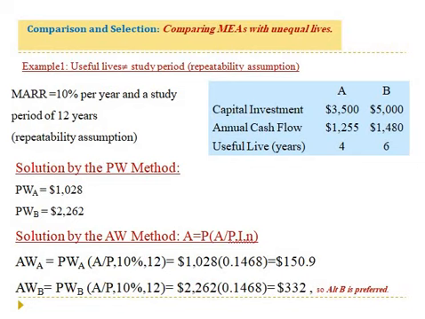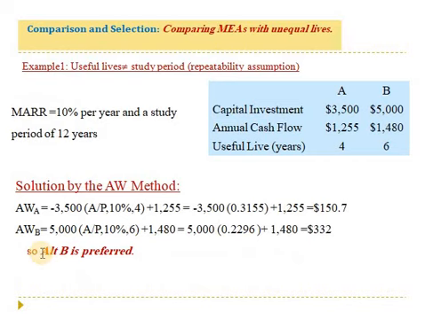Now, you have a shorter method, which is to right away get the annual worth of A and annual worth of B without repeating anything. So this is the easiest method. If you have alternatives with different lives, right away get the annual worth. It will give you the quickest method. So you see, we choose B again.